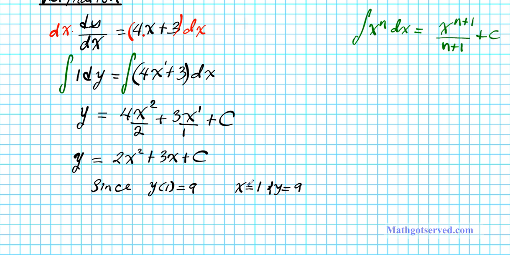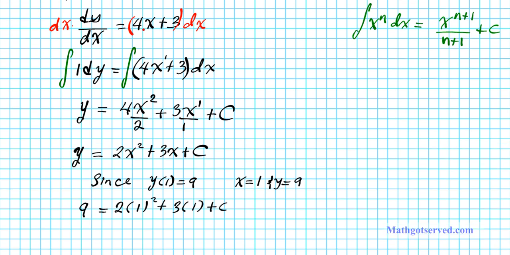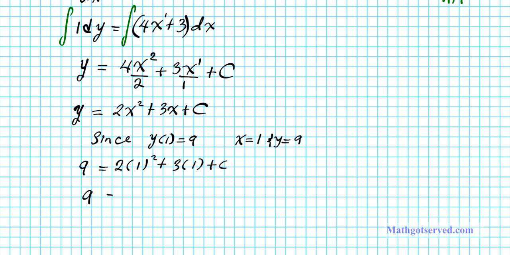So we're going to plug in these two values into this equation. So we have 9 equals 2 times 1 squared plus 3 times 1 plus c. Okay, let's go ahead and simplify that. We'll have 9 equals 2 plus 3, 5 plus c. Subtract 5 from both sides, you have c equals 4.